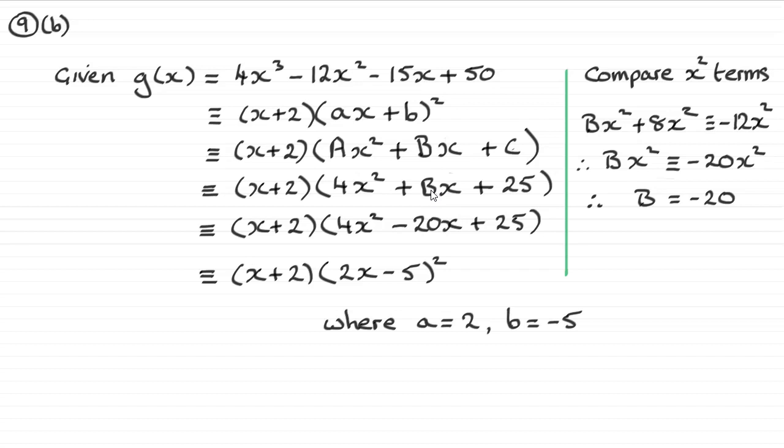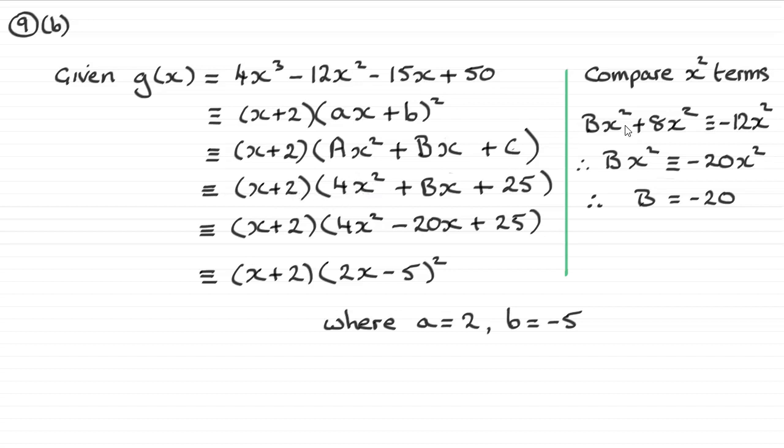What I've done is looking at comparing the x squared terms. You're going to get x squared terms when you do x times the bx, that's going to give us bx squared. I've put it up here. And you're also going to get an x squared term when you do 2 times the 4x squared, which will give us 8x squared.